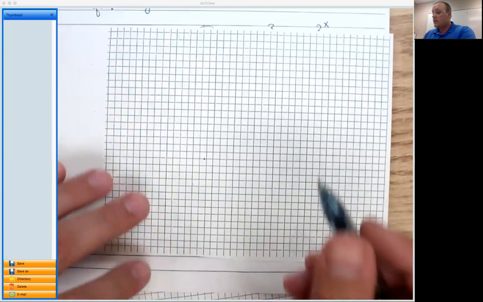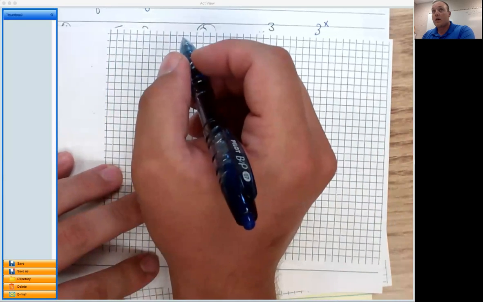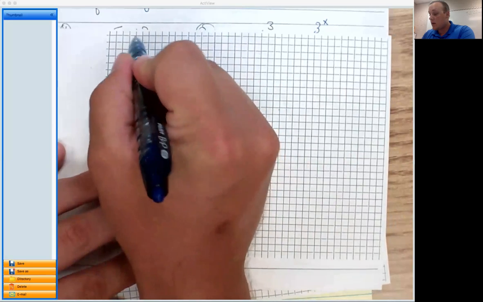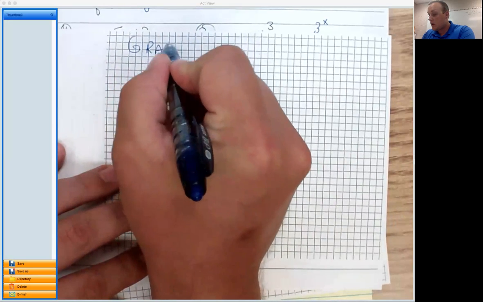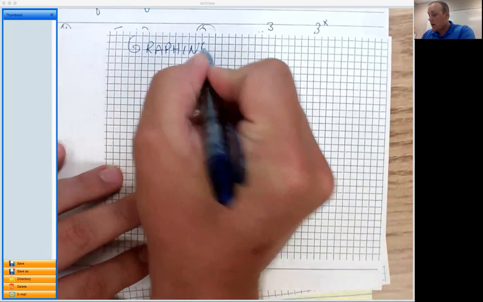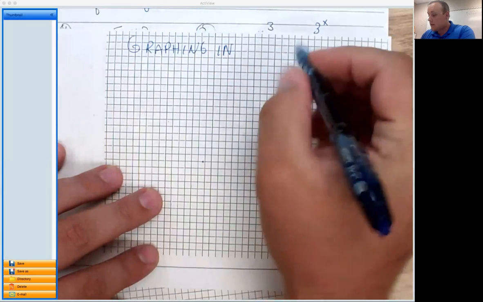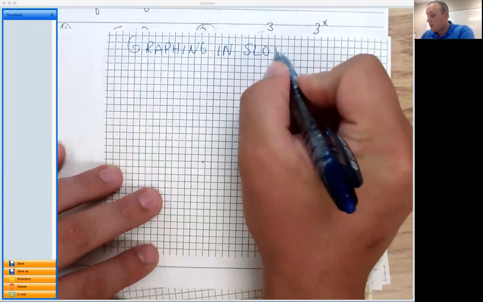All right. Graphing in slope intercept form.